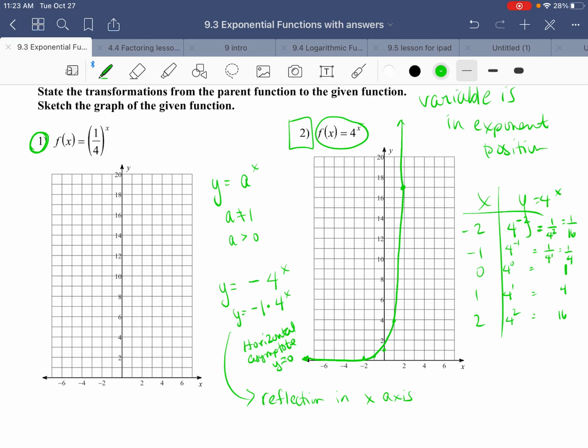So exponential functions, the basic function is going to look like this, where you have some number raised to a variable. That base, the a value, is called a base, will never be 1, it'll always be positive. And I usually only graph the asymptote, the y-intercept, and then I'll just do one more point, like 1, comma a.